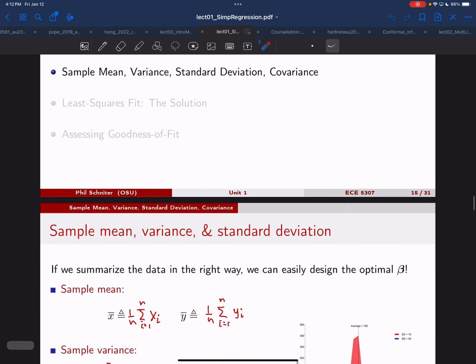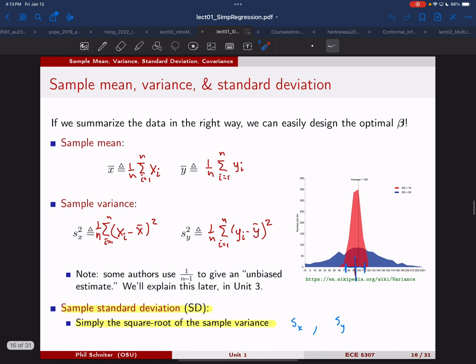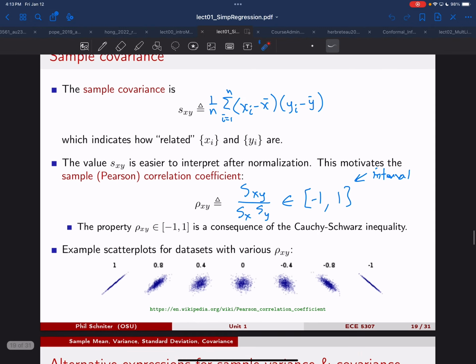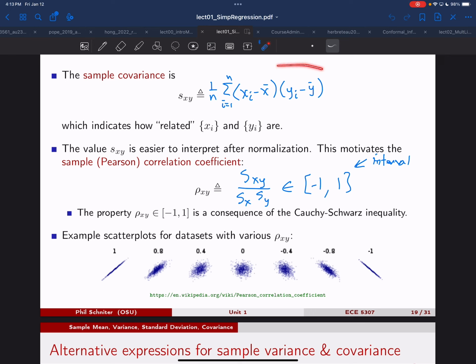Then we changed gears and talked about different sample statistics that are going to be useful for interpretation, but also to solve this problem of setting beta 0 and beta 1. We talked about the sample mean, sample variance, and we also talked about the covariance, which talks about the relationship between x and y.